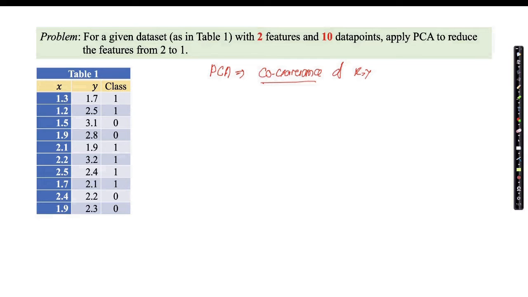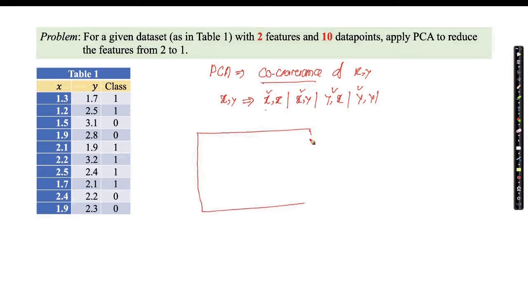Since we have two variables x and y, we need to find the covariance between x and x itself, x and y, y and x, and y and y. So there are 4 covariances we have to compute. Based on these computed covariances, we need to find the covariance matrix. On this side we will have x, on this side we will have y, then on this side we will have x and y.